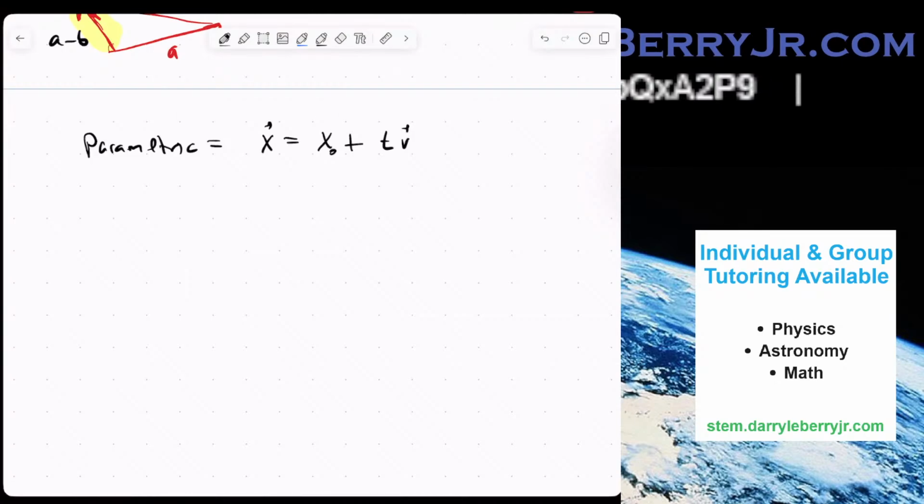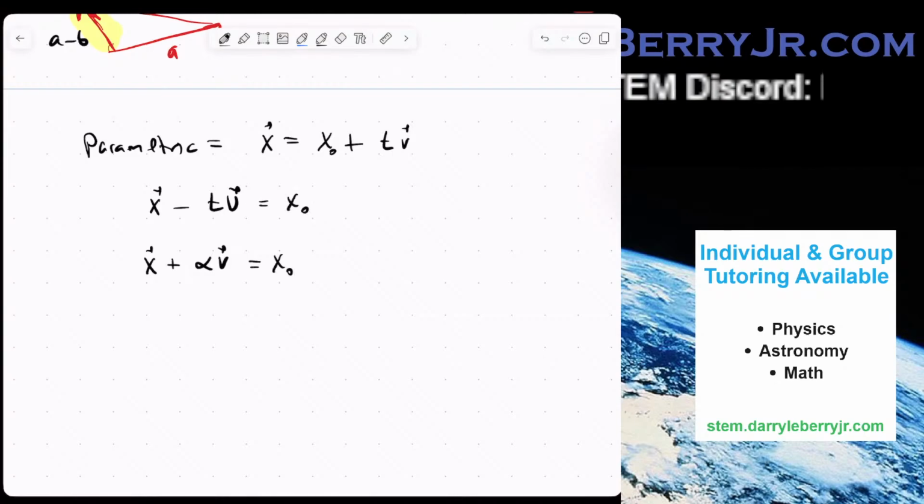And if I was to make that into a Cartesian, I should be able to go X minus TV or X plus alpha V equals XO.